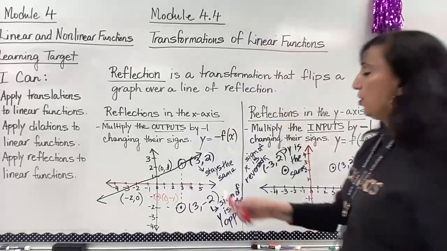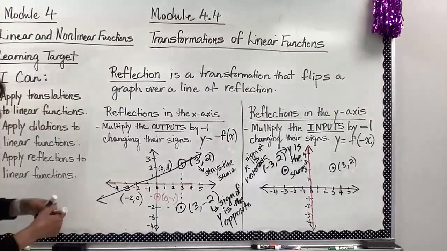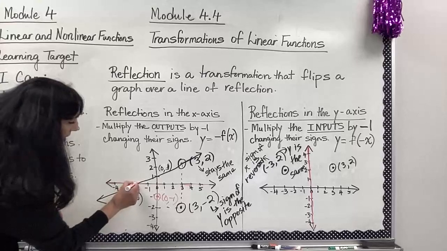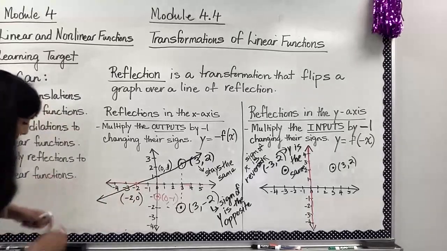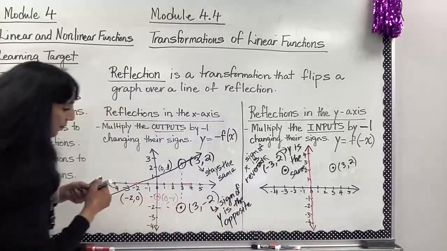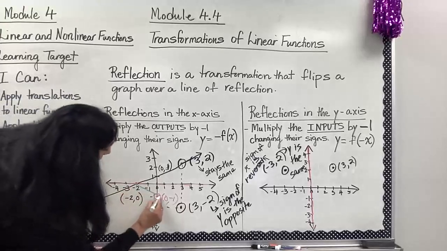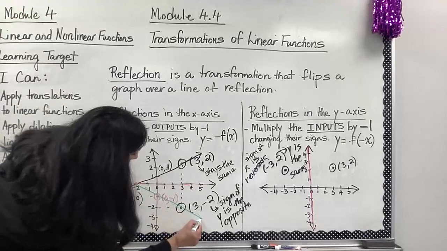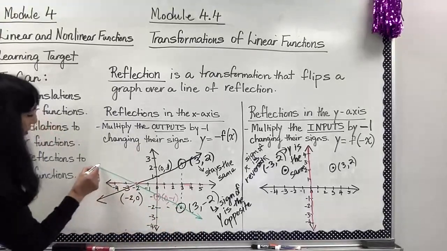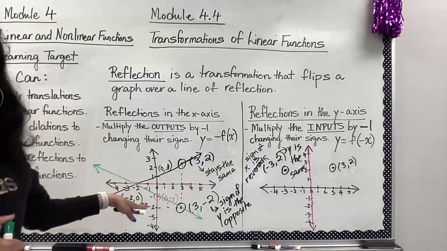And then if I'm going to look at this one, the opposite of 0 is 0. So here is my next point. And look how my graph is going now. Let me show it with a different color. Okay, so here is my graph. There we go. And this is reflected on the x-axis, as you can see.